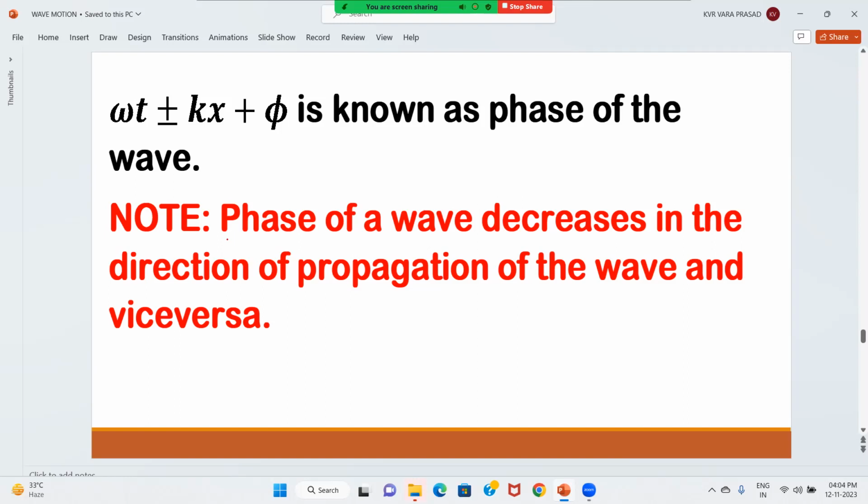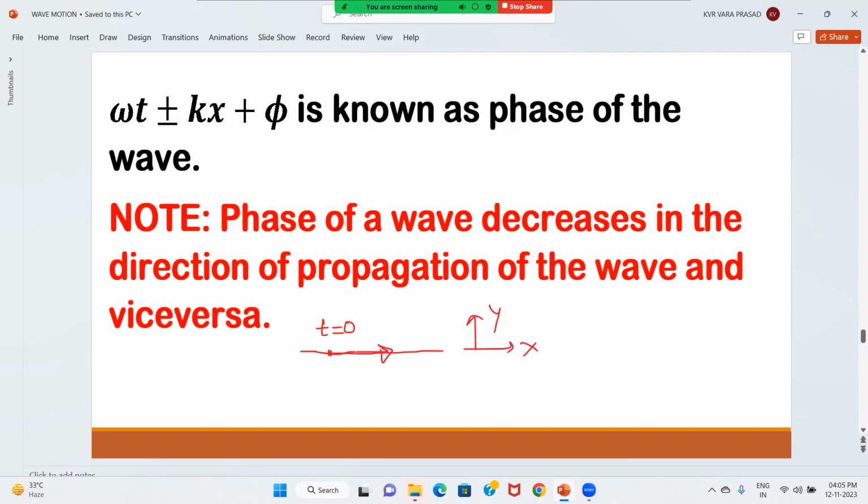I will write here what it means. Suppose energy is propagating along the x-axis. This is the x-axis, and this is the y-axis. Let us take at one instant, t = 0, this point starts oscillating and energy propagates along the positive x-axis.